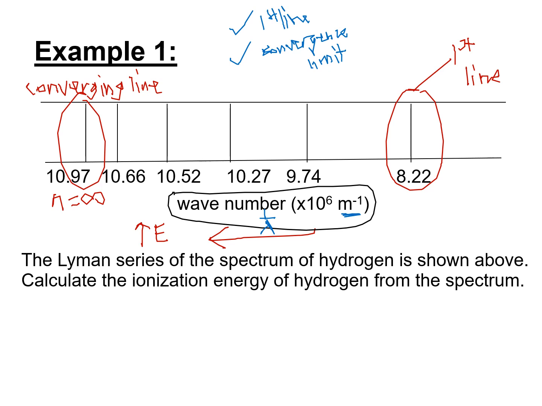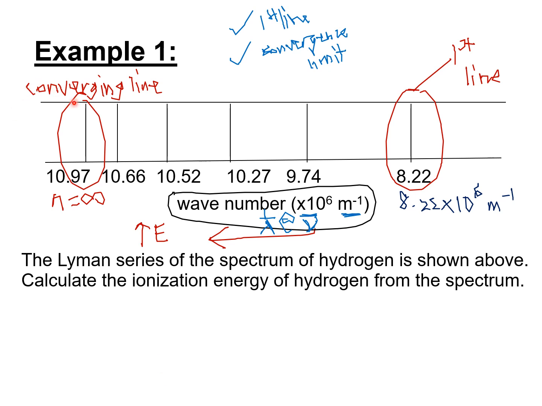They give this information: the first line is equal to 8.22 times 10 to the power of 6 per meter. Wave number you can describe as 1 over lambda, or as the expression nu with a bar on top.